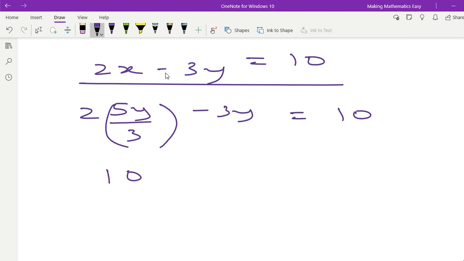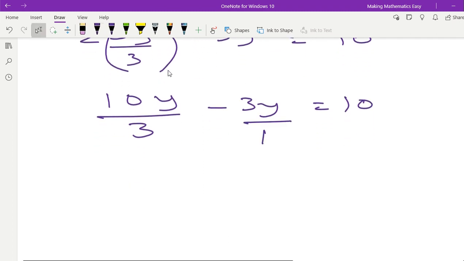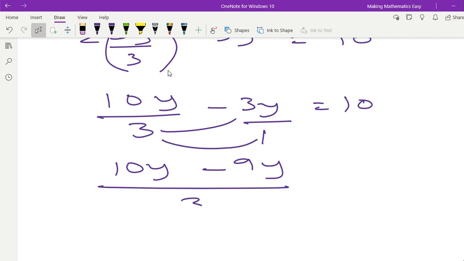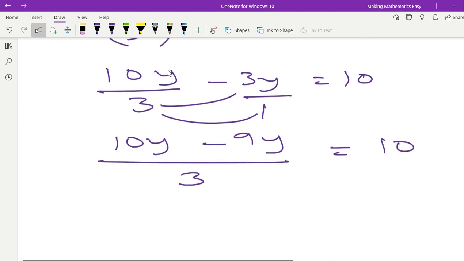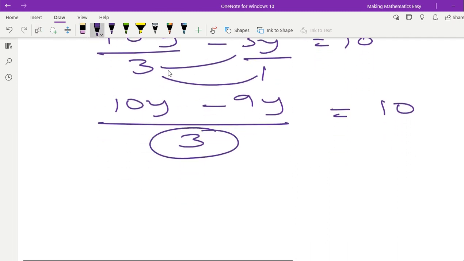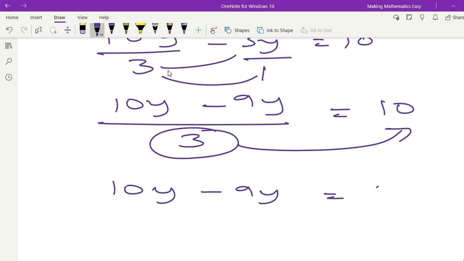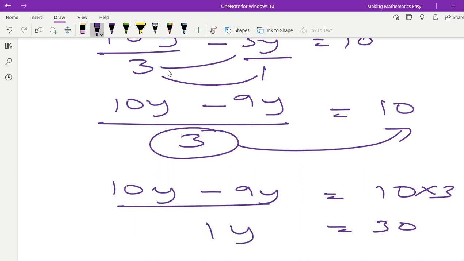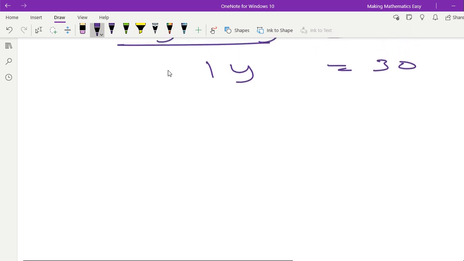Now what this will become is 2 fives are 10y upon 3 minus 3y is equal to 10. Now we have to do cross multiplication only on the left hand side. So that will be 10y minus 3 threes are 9y, divided by 3 ones are 3, and this is 10. Okay, now we are going to send this 3 to the right hand side. So that will be 10y minus 9y is equal to 10 into 3, so that will be 30, and 10y minus 9y is 1y, which means it is y, nothing but y.